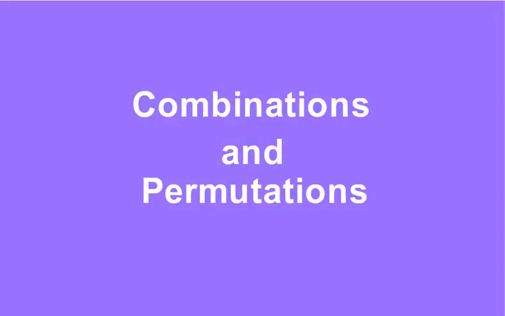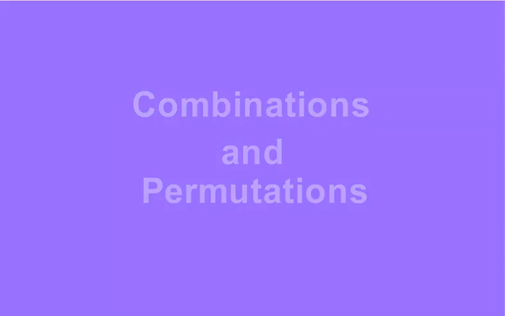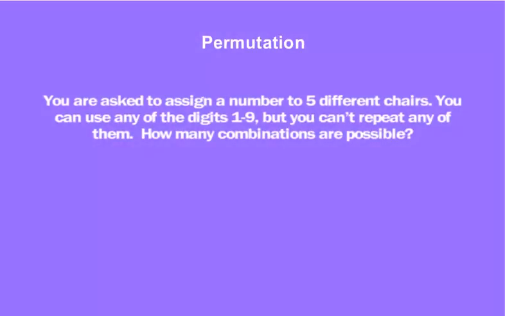You'll also encounter combination and permutation problems. Now, permutation is where the choice is affected by previous choices. Let's look at a permutation problem. You're asked to assign a number to 5 different desks. You can use any one of digits 1 through 9, but you can't repeat any of them. How many combinations are possible? Okay, you have 9 possible digits to use for the first desk.